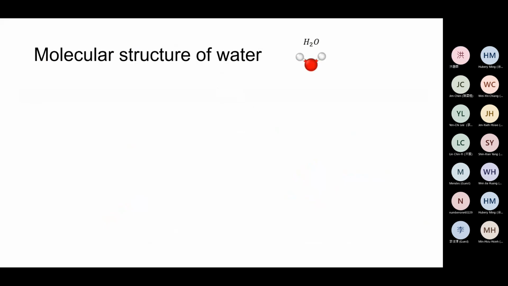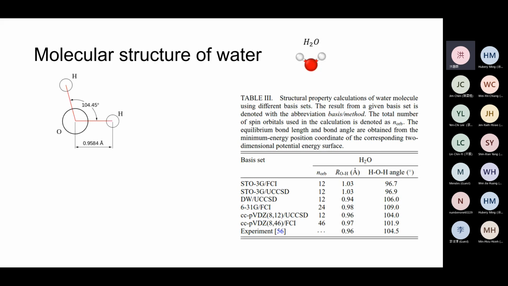Now, let's consider another, more important molecule, the water molecule. Why consider the water molecule? Since this is a larger molecule with nonlinear geometry, it represents a more complex test for the computational method. We know that the HOH bond angle is roughly 105.5 degrees.